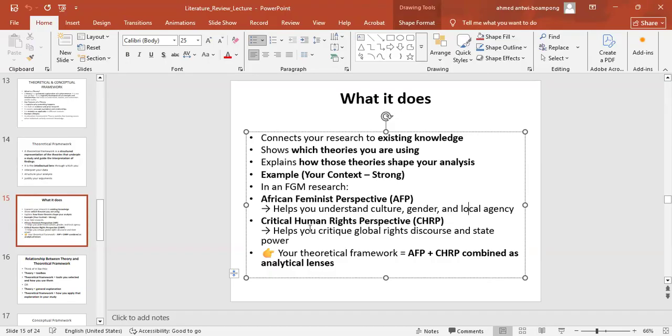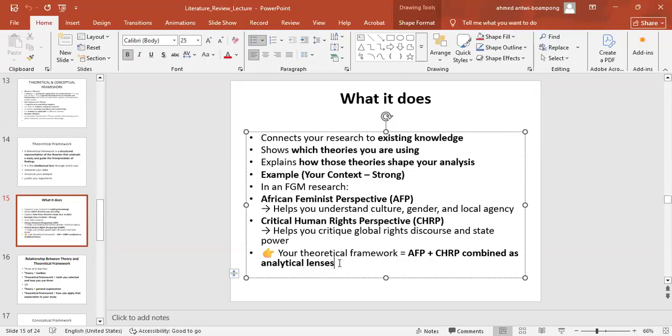And then there is the critical human rights perspective, which helps you to critique global rights discourse and state power. Now, whilst these are two individual theories that you are using, if you combine them, you have a theoretical framework where you have the African feminist perspective and the critical human rights perspective combined as an analytical lens.